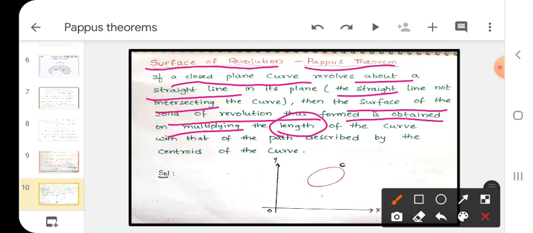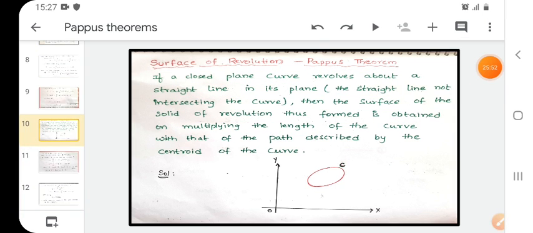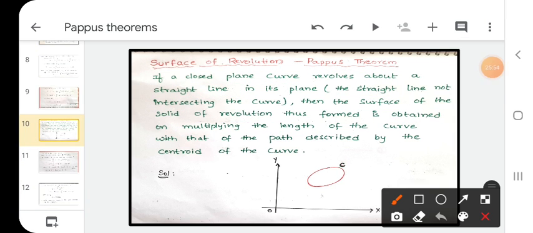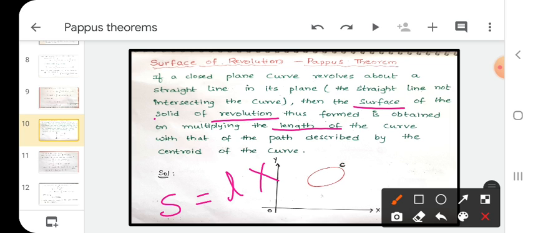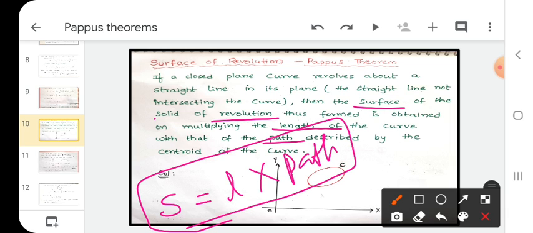Okay, see here what we have to show. Surface of revolution, that means S, equals the length of the arc, that means L, into the length of the path. This is the surface of revolution Pappus theorem.